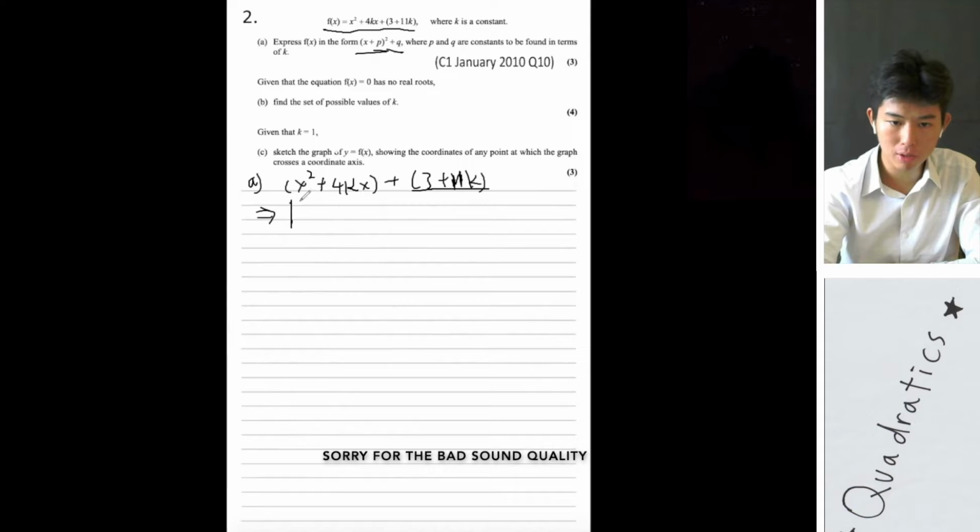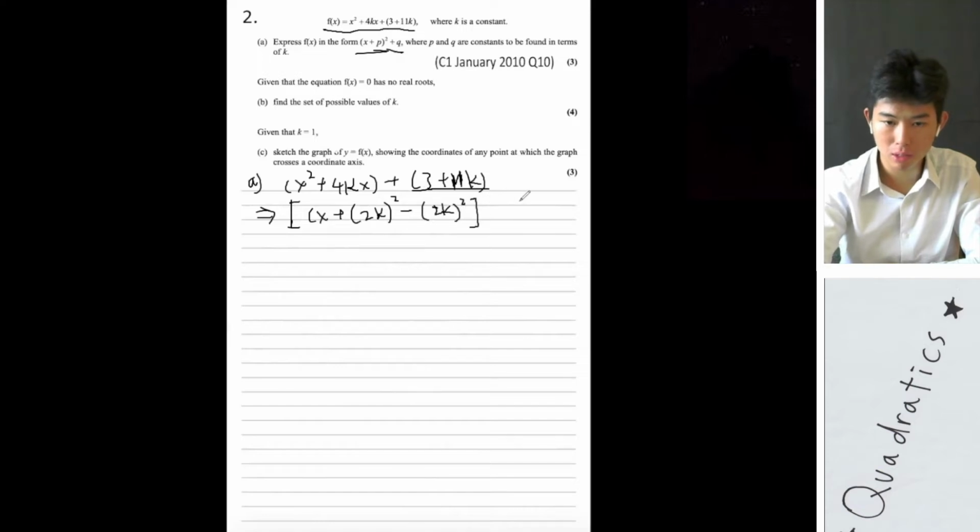Big brackets, x plus 4k divided by 2, which will be 2k, squared, minus 2k squared, close the big brackets, plus 3 plus 11k. I just copy down this whole thing here.